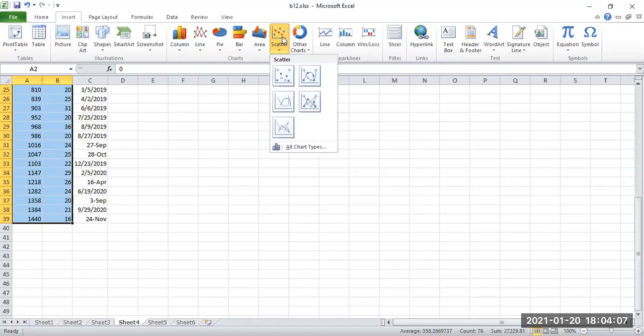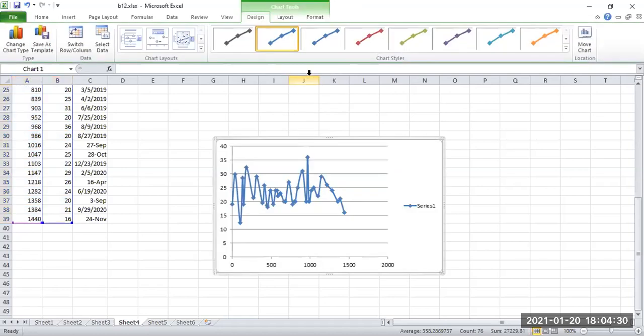I've got another one that allows you to do lines and dots. And the bottom one doesn't really display the dots either. Typically, we are going to choose one or the other of the top line. So I'm going to pick the one that has the lines. Ta-da, I get a graph.